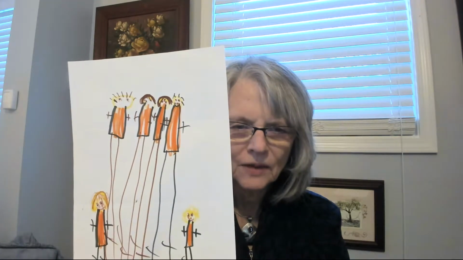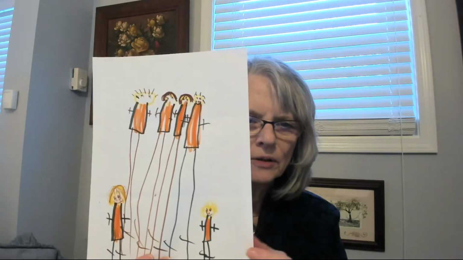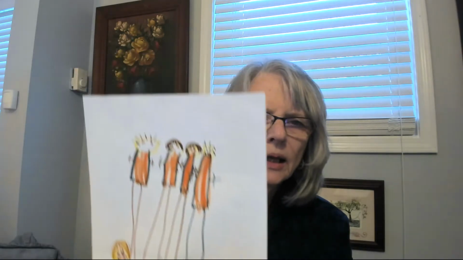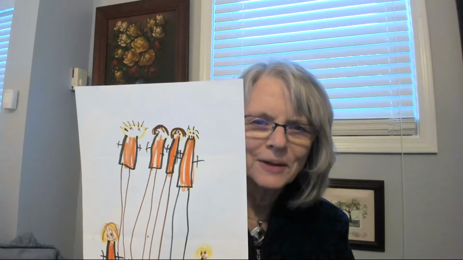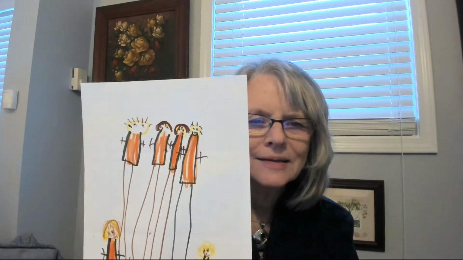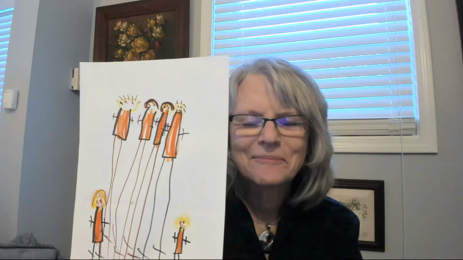So, for example, in this picture, when I asked her what this was, this is a picture of her down here and her brother, and there's her mother and her father and her grandmother and her grandfather. As you can see, they all have hair, they all have eyes, they have hands, they have long legs. But the point is, if I would ask her to talk about it, she could talk about it.